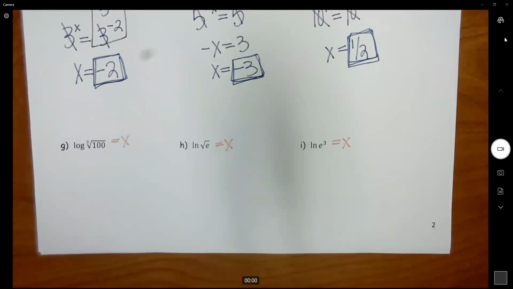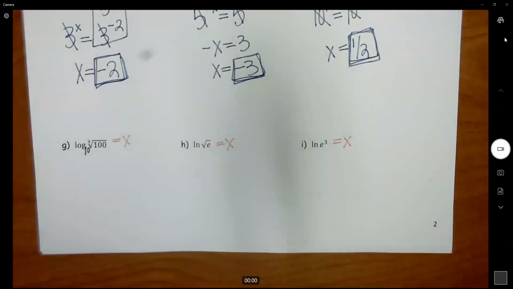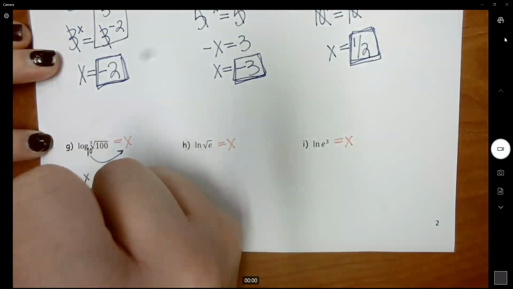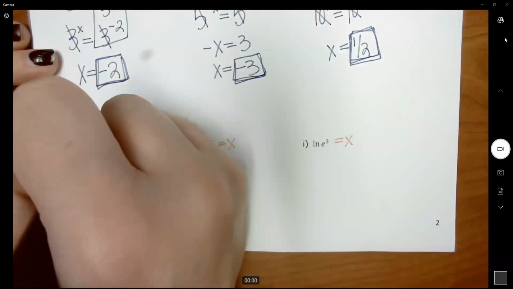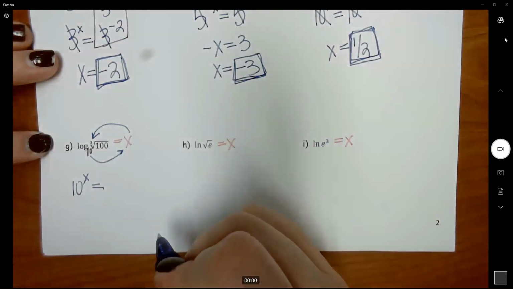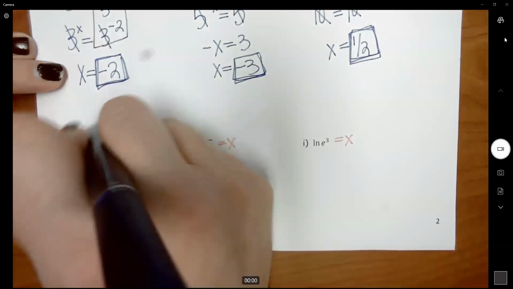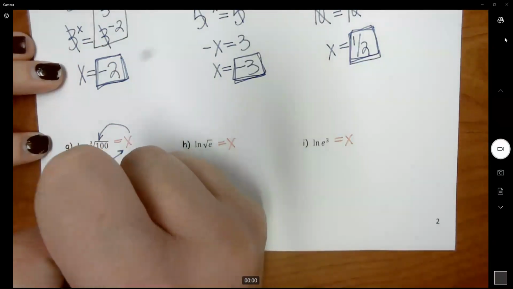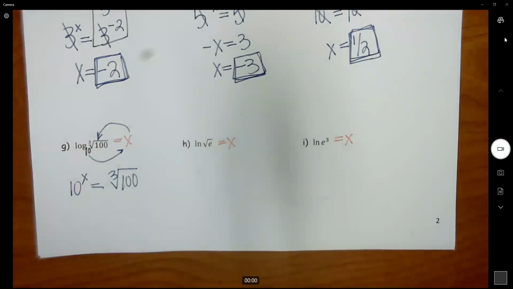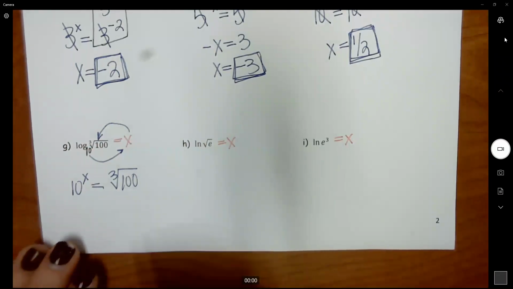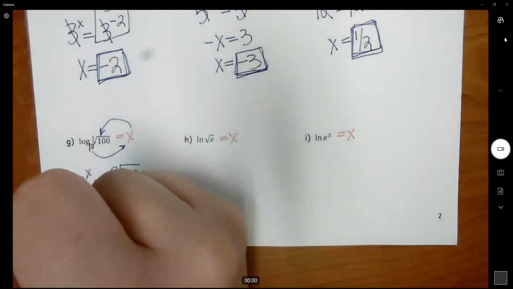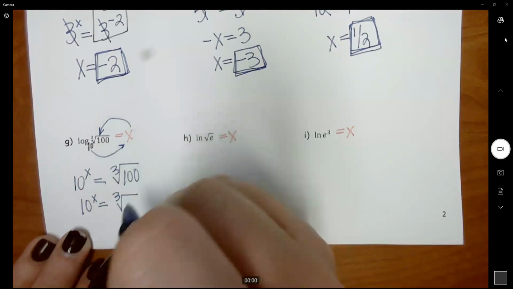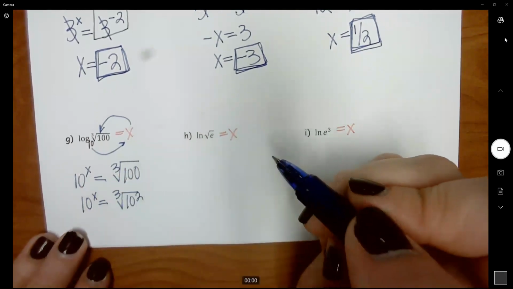Same concept here. This is a common log, so that's a base of 10. So we've got 10 to the x power equals our big number. Kind of a bad arrow. Let me rewrite that arrow. Looks like I'm just pointing to the index, and I want the whole thing. So the cubic root of 100. I need to get these to be the same base. So this is 10 to the x power. I can rewrite 100 as 10 squared.